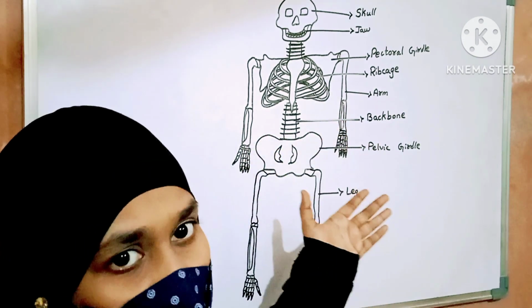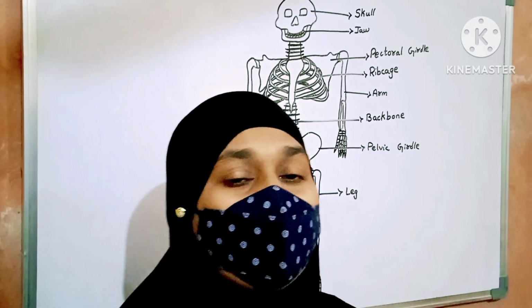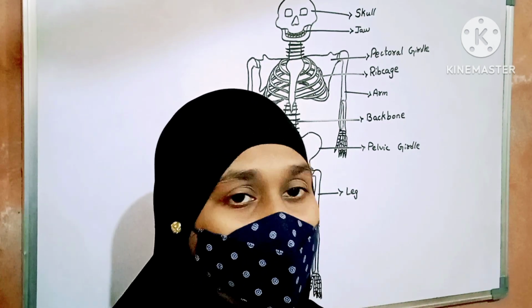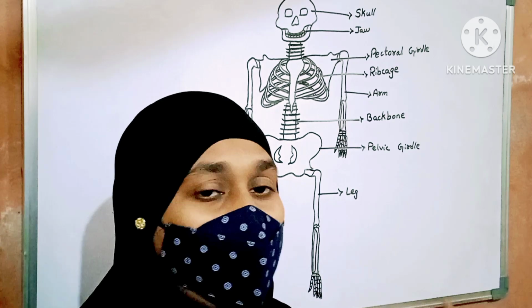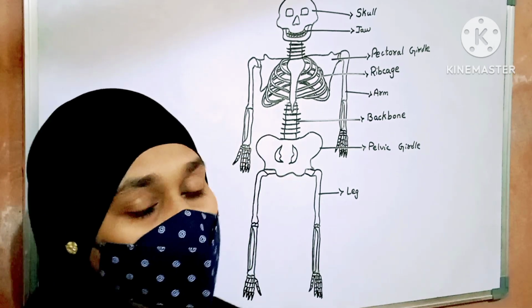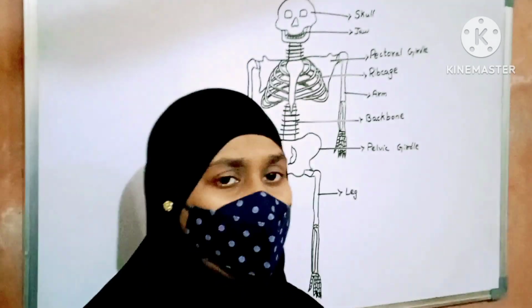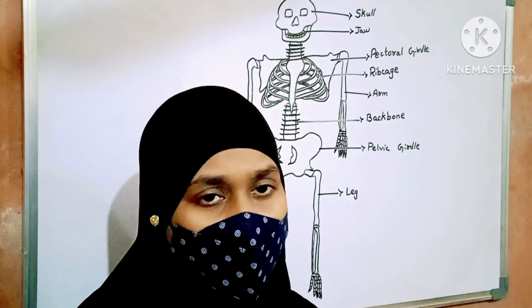The last 2 pairs of ribs are not connected to the front part, the sternum; they are only connected to the backbone. So they are also called floating ribs.